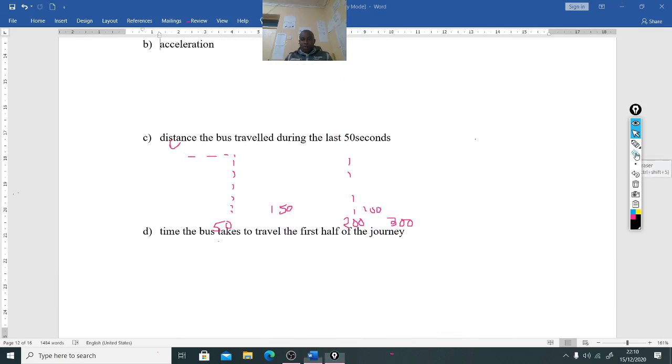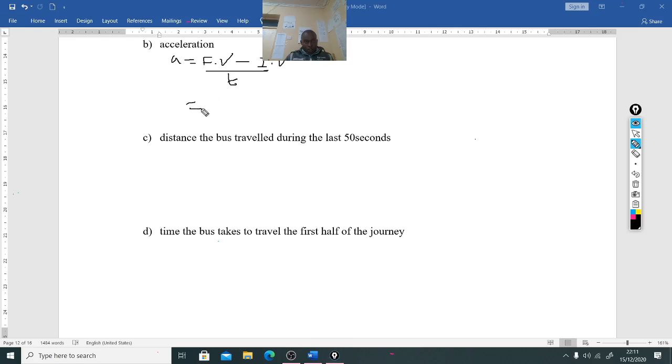Acceleration. Now I'm supposed to do the acceleration. We know that acceleration equals final velocity minus initial velocity out of the time taken.